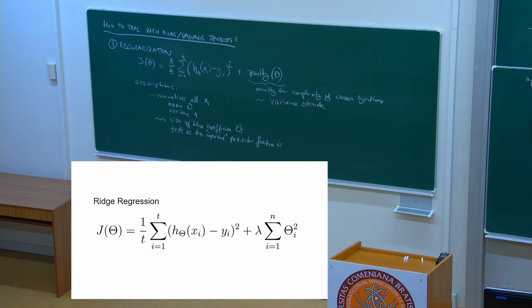If you make a small change in a particular feature, like introduce a little bit of noise, and you have a very large coefficient, then you introduce a big change in the target value, and you may not want that. So let's see how this works. Basically, you say your J theta, that's the error function, is 1 over p. So this stays the same as before.